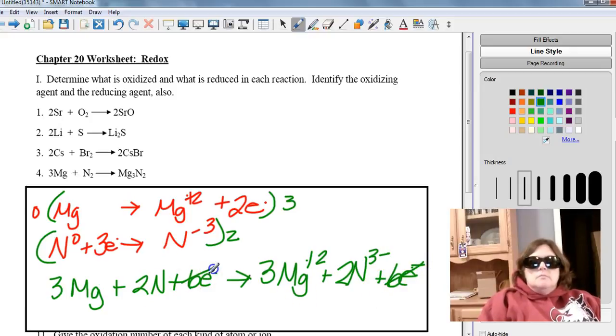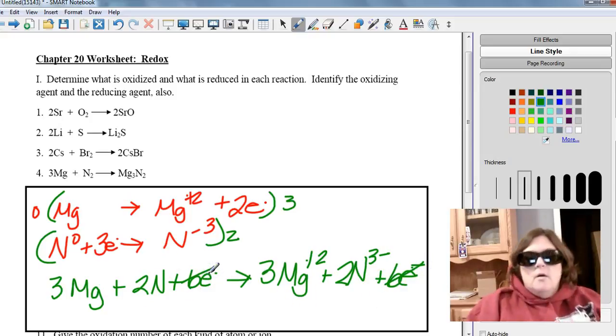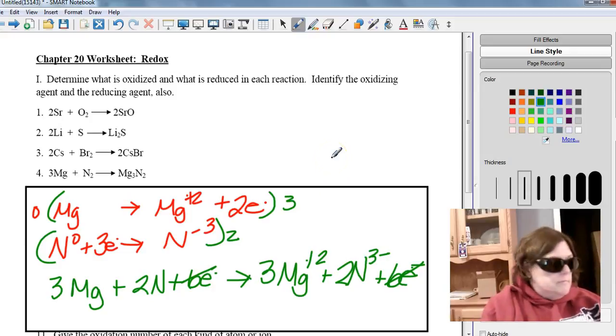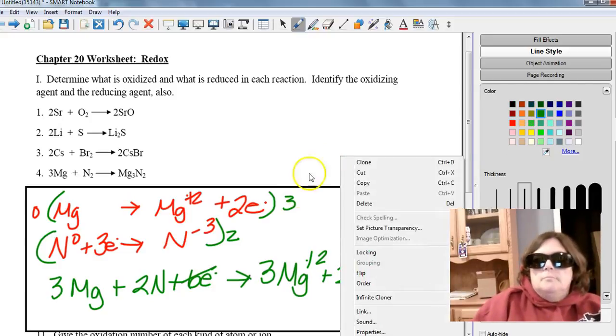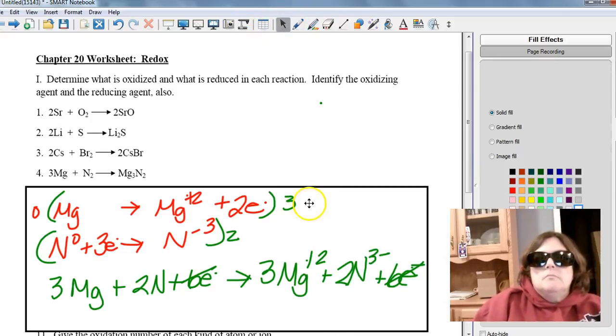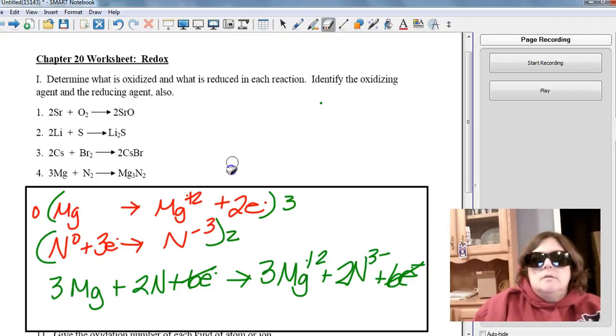Electrons cancel out, and there you go. All right, the rest of these are very repetitive. I'm going to go ahead and move along to another section.